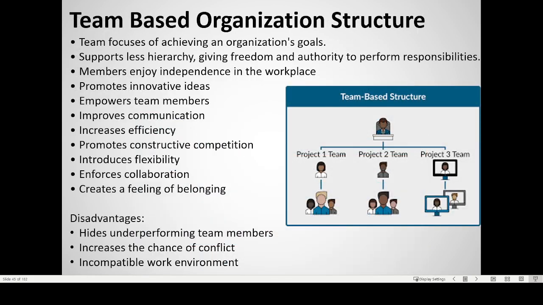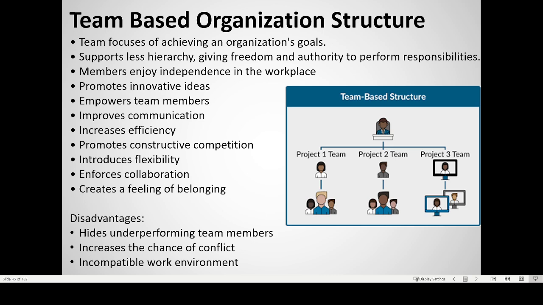Another important kind or style of organization structure is the team based organization structure. This type focuses on achieving an organization's goal. And this is another question in the ASQ where they ask you where we need a team based organization.